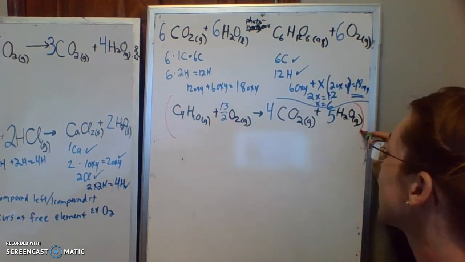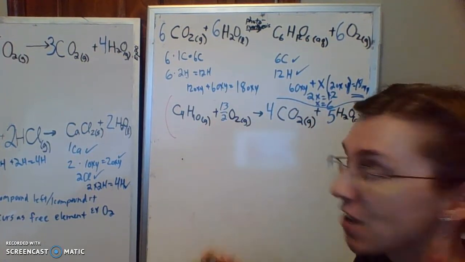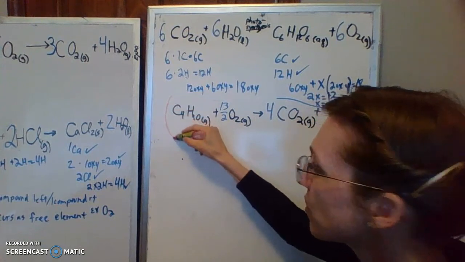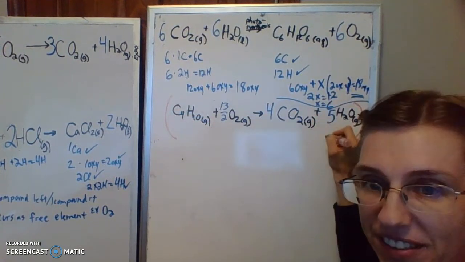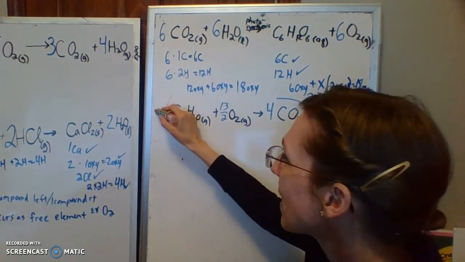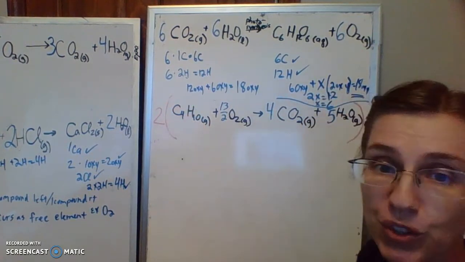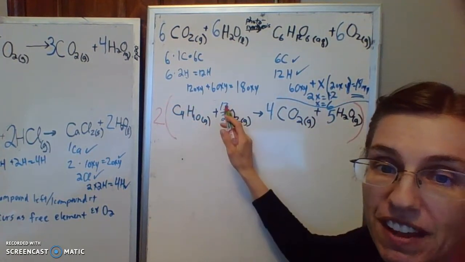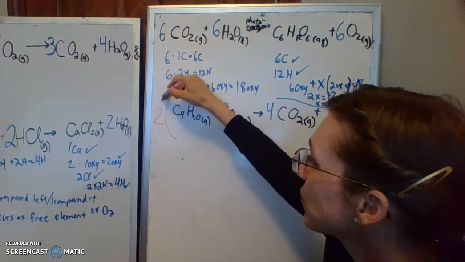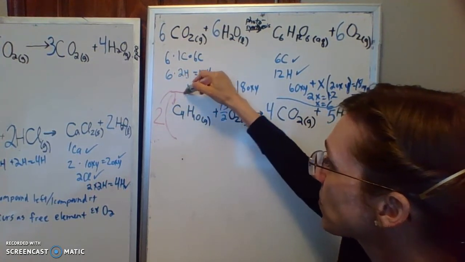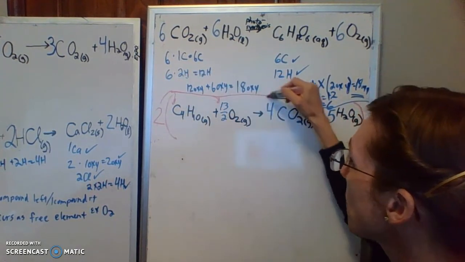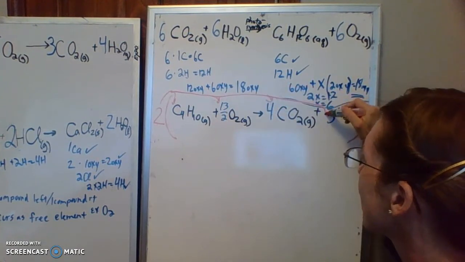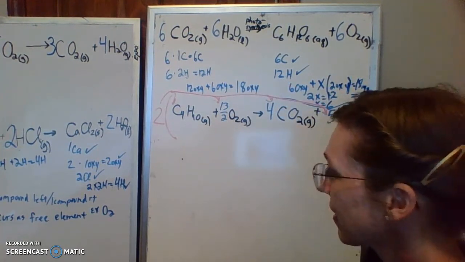We have to do the distributive property in math. If we want to get rid of a fraction, we have to distribute it to everything in the parentheses. So if we can multiply this whole thing by 2, we'll get rid of that fraction. But we have to do it to the first one. We have to multiply 2 by the second one, by the third one, and by the fourth coefficient.